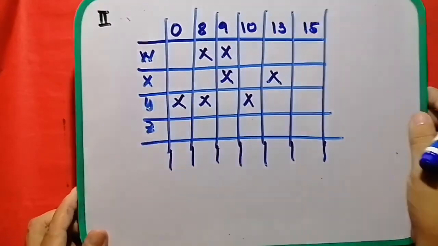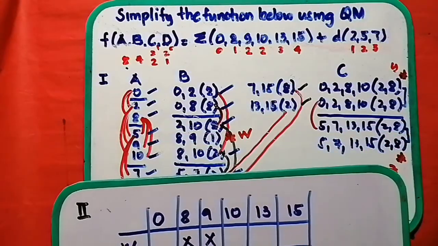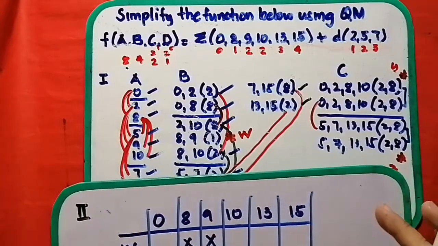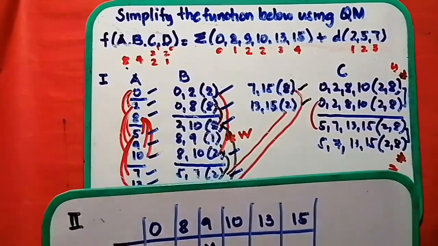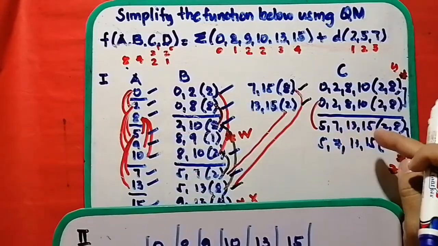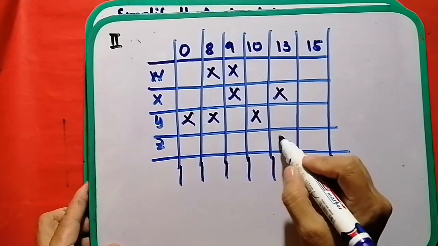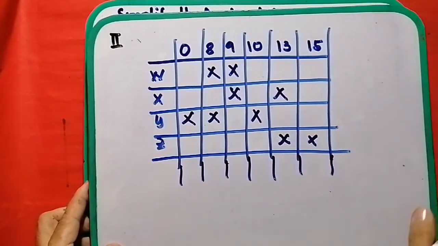This is not included in here. So we have only 0, 8 and 10. Then the last, 5, 7, 13, and 15. 5, 7, 13, and 15.